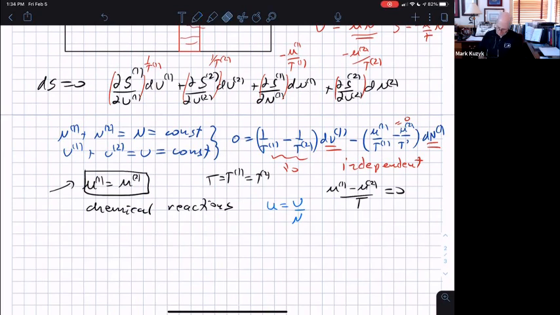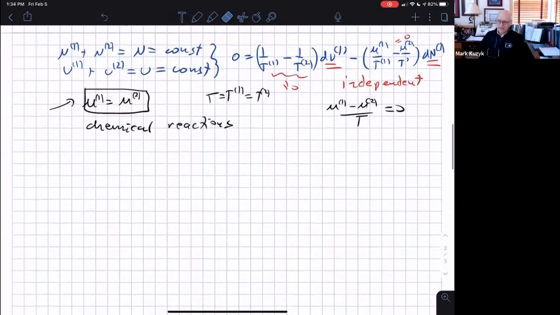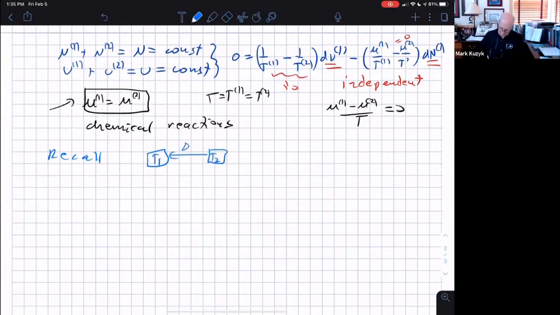So let me erase this just so that people don't get confused as to why that's sitting there for no reason. Okay, good. So now let's think about what we've done. Recall that when we had something at temperature T1 and another thing at temperature T2, we know that heat will flow from one to the other.